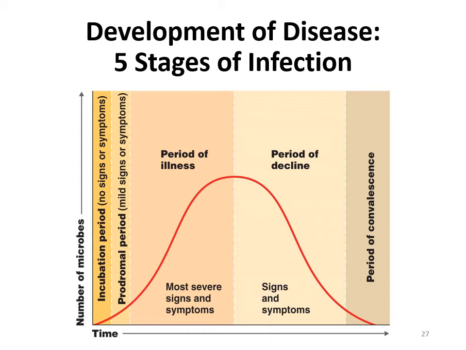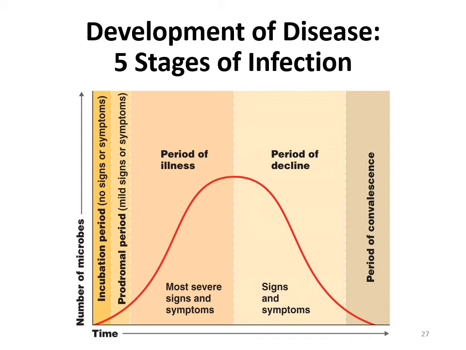Okay, but I want you to put a star next to the period of decline and write that even though you start to feel better, this is when you can acquire secondary infection. Okay, so for period of decline, write down that you can acquire a secondary infection.